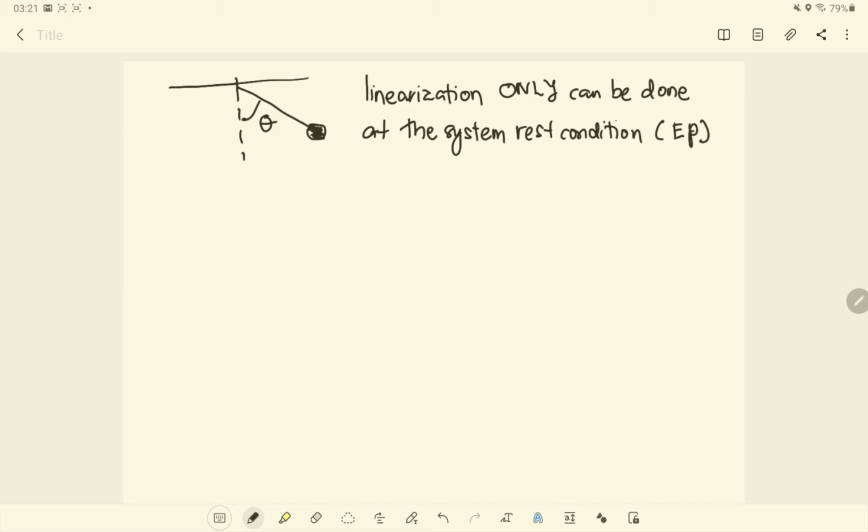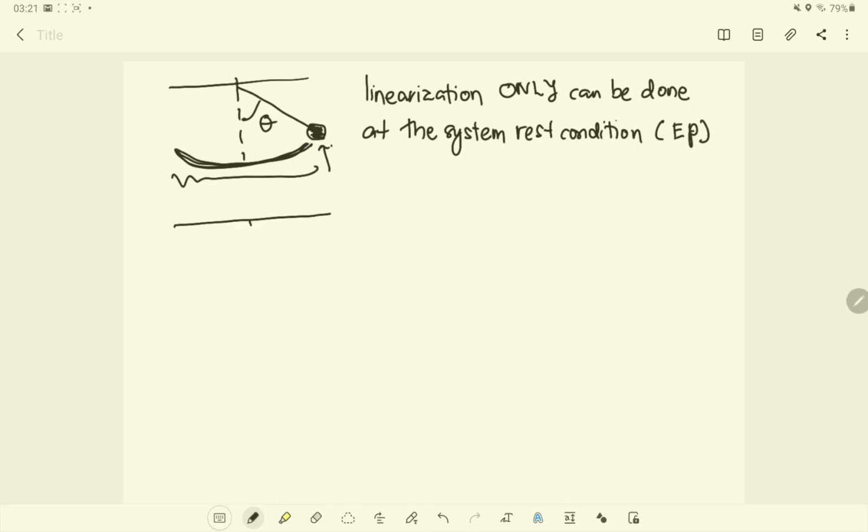So based on this system, where is the rest condition? If you put your inverted pendulum here, the system will keep moving to the left and right.